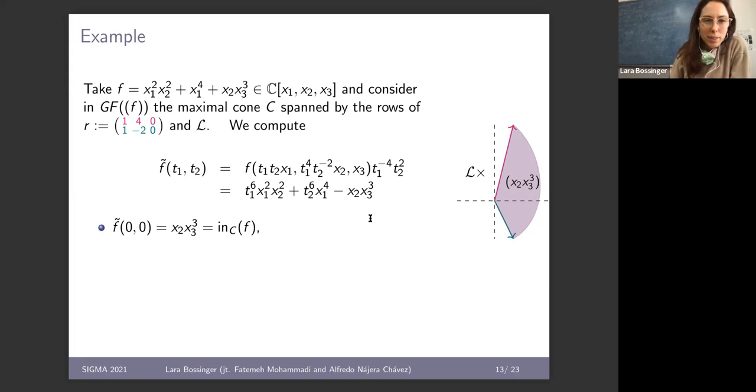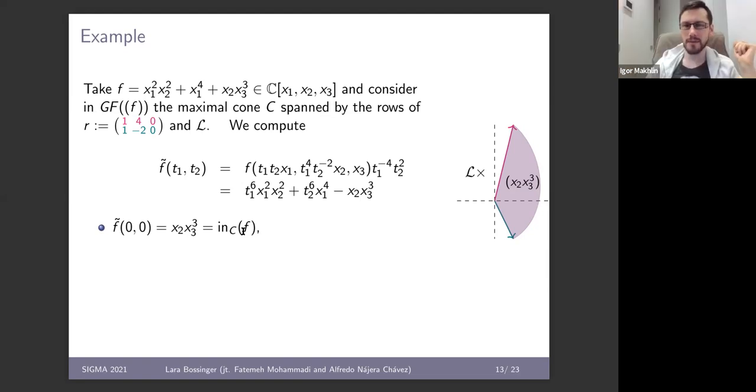The definition is chosen in such a way that it is compatible with all the Gröbner degenerations that I can obtain from the cone C and its faces. If I take an element of a reduced Gröbner basis, I will see this phenomenon that there is a single term surviving, which is exactly the initial monomial with respect to the interior of the cone. Well, yeah, it has to.